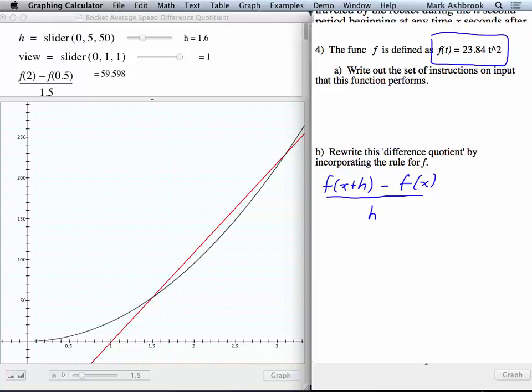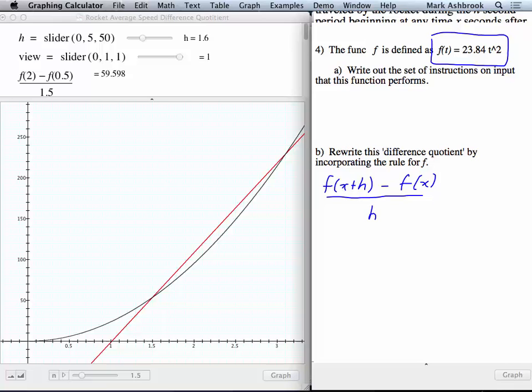What's the input? Now, take x plus h. Right, because x plus h is the input, so follow the instructions on x plus h. But that's just that first part of it, right? And you have minus f of x, same thing, and then over h.